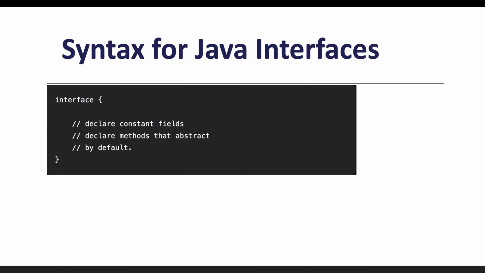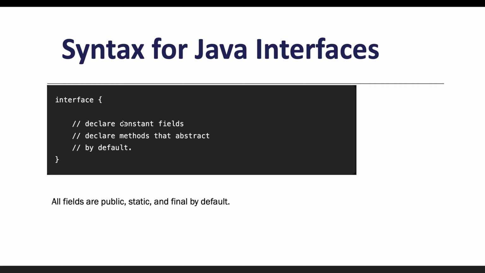So let's see some syntax and what things we can declare inside the interface. One thing is that it will contain purely abstract methods, that means methods without body. We can declare constant fields, and by default all fields are public, static and final.